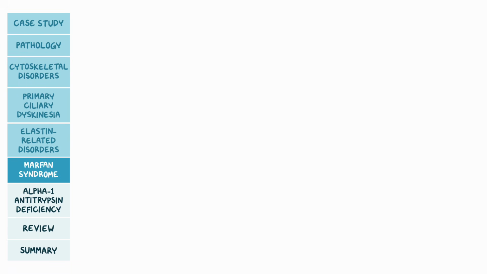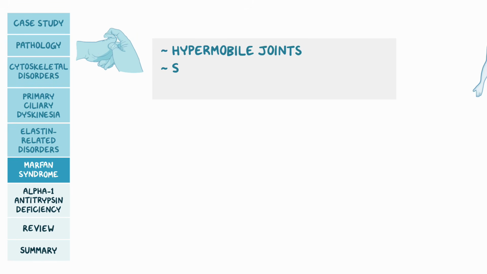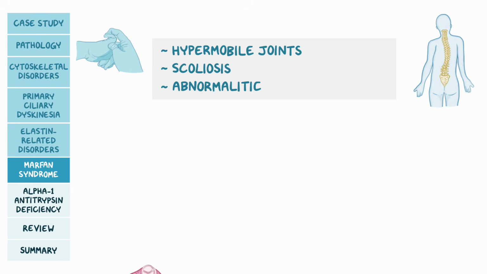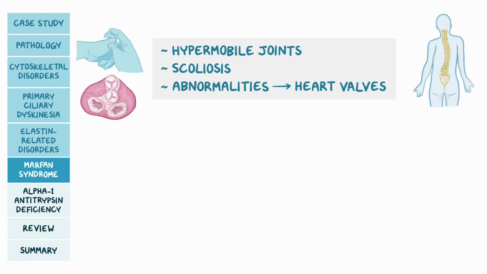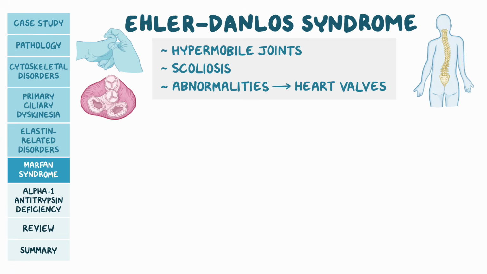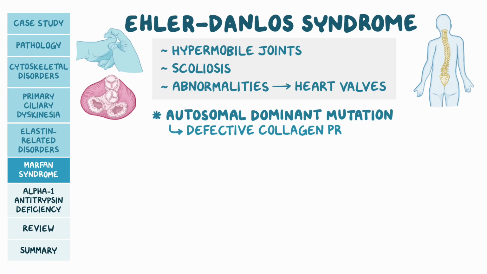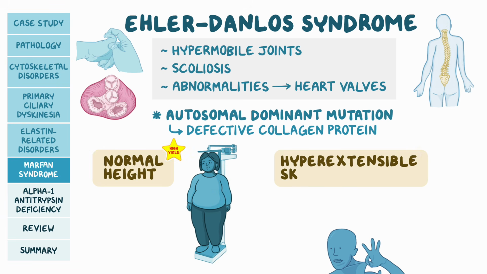Now, if a test question mentions hypermobile joints, scoliosis, and abnormalities involving the heart valves, make sure not to confuse Marfan syndrome with Ehlers-Danlos syndrome, which is most often caused by an autosomal dominant mutation that leads to a defective collagen protein. Now, the main difference with Marfan syndrome is that individuals with Ehlers-Danlos syndrome usually have normal height, as well as hyperextensible skin.